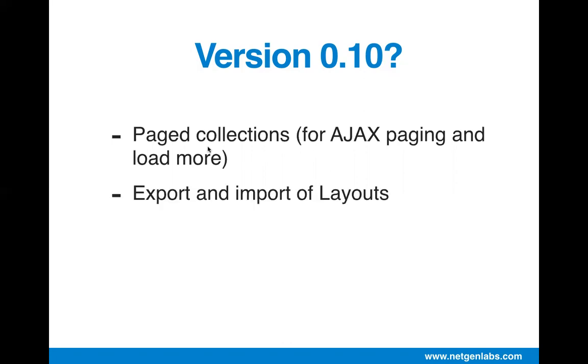The next thing is a very important one: export and import of layouts. This feature is also very much needed as soon as you have different instances of your system. So for example, a development and a testing, or pre-production or staging, or a live instance. If you are creating layouts on one instance, you want to transfer them to another.